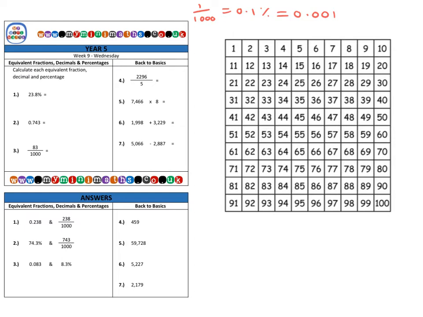So let's move on to question 1, which is 23.8%. So this is our percentage. We're going to change this into a fraction and then finally into a decimal. So if we have 23.8%, and if we look at this on the grid, we have our 23 full percentages, and then we just have part of the next one, which would be 0.8.